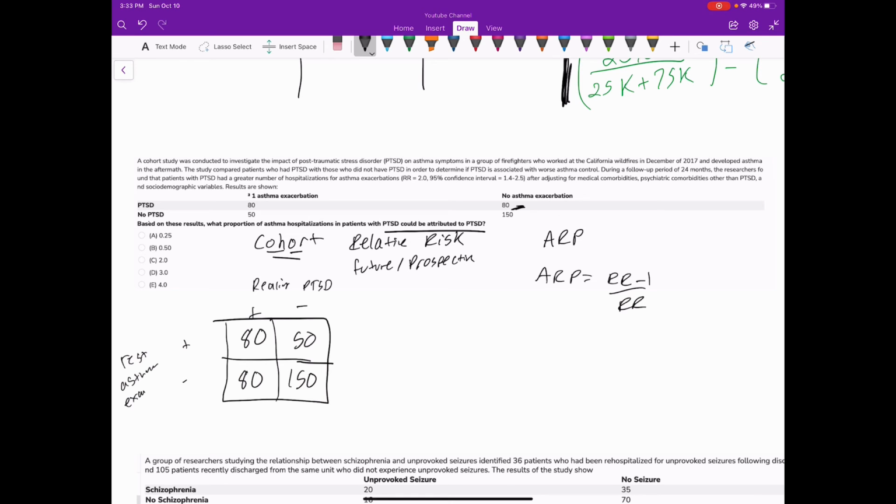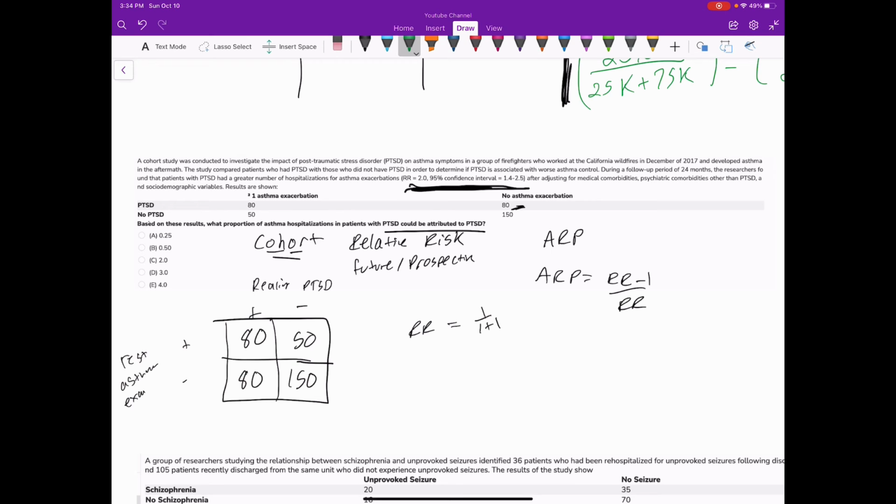Okay, so now what do we got to find? Well, we got to find the relative risk first. They've given us all these numbers, but I'm not worrying about them. I'm doing it on my own because I like my own method better. Relative risk equals 1 over 1 plus another number. All right, so what are we looking for? We have to read left to right, and that equates to top to bottom.